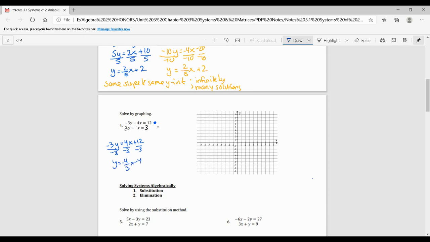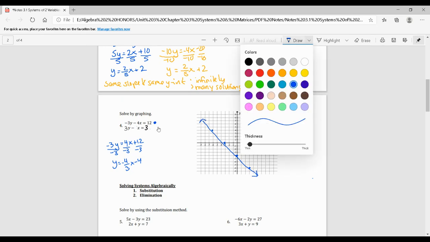And now we will use the y-intercept and go down 4 over 3, or we can go up 4 over 3. And we can continue that. Use a straight edge and extend that line as far as you can, because we're not sure where an intersection may occur. And be sure to use a straight edge at home.